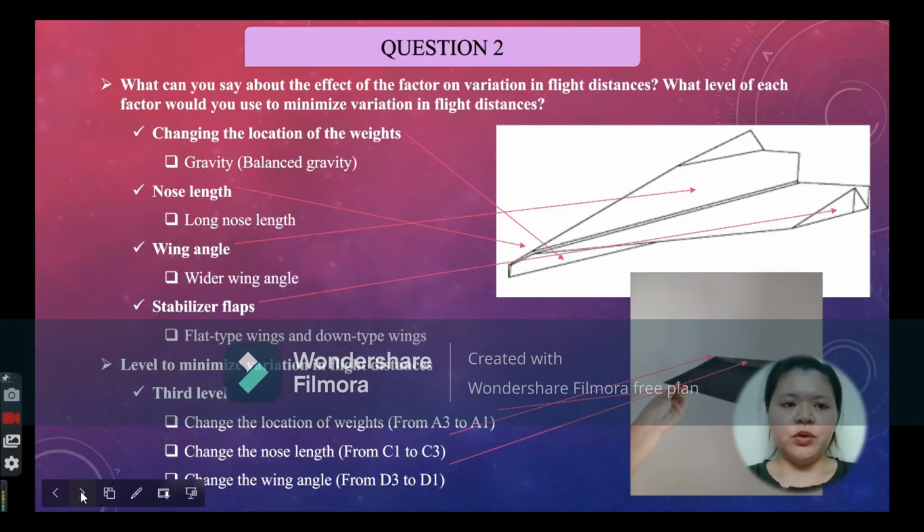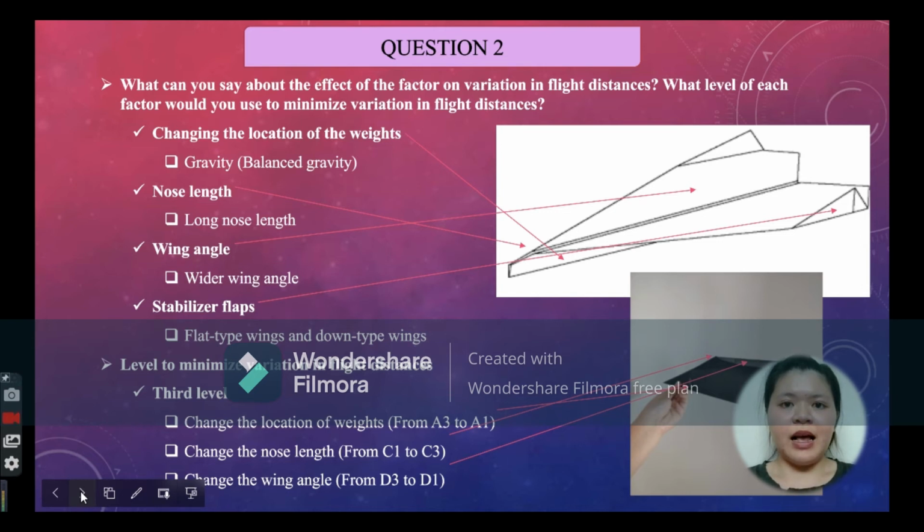For question 2, the question given is: what can you say about the effect of the factors on the variation in flight distance? What level of each factor will you use to minimize the variation in flight distance? First, changing the location of weights is one of the influences of this factor on the variation of flight distance.